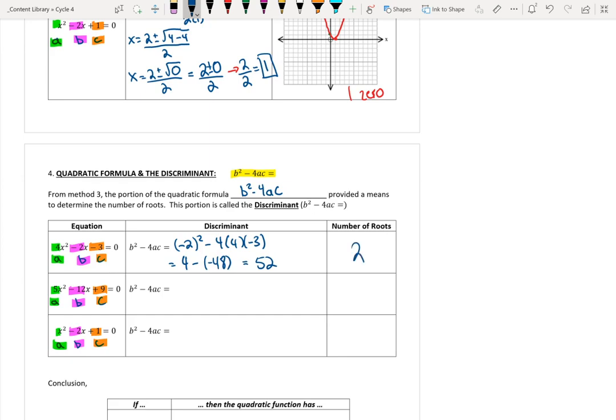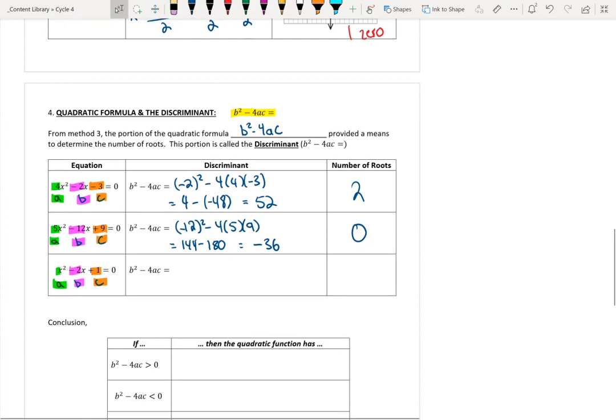If I go to my next example and I do just this portion, I have b squared, so negative 12 squared minus 4 times 5 times 9, which was 144 minus 180, which gave me negative 36, and I had no zeros, or 0 roots.